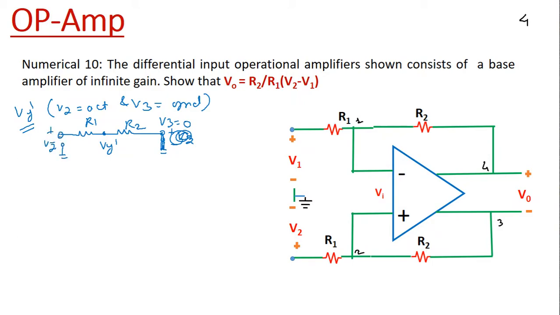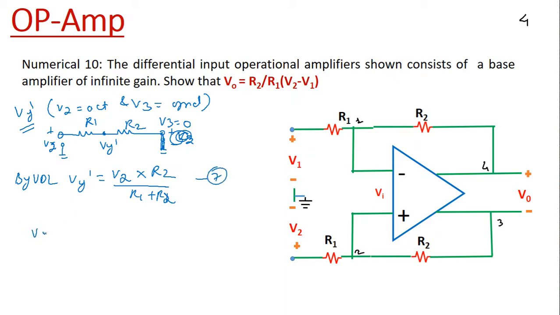Now by voltage divider rule, Vy dash is equal to total voltage, that is V2, into that resistance in which Vy dash is existing, that is R2, divided by R1 plus R2. Vy dash is equal to V2 R2 divided by R1 plus R2. So this is our equation number 7.